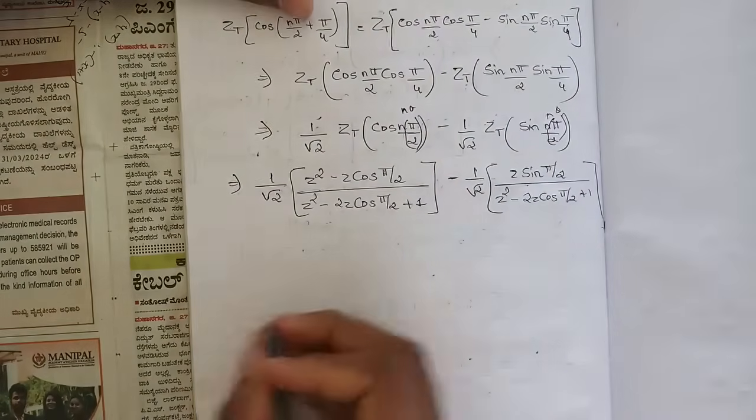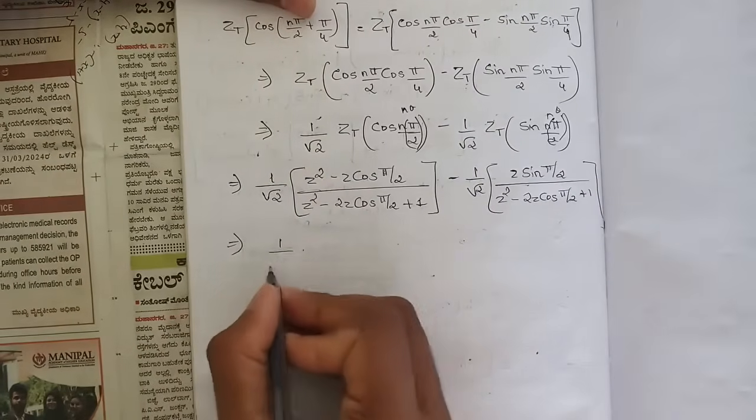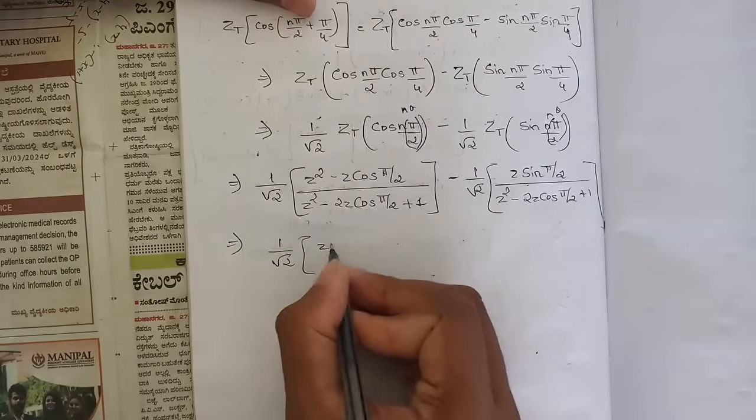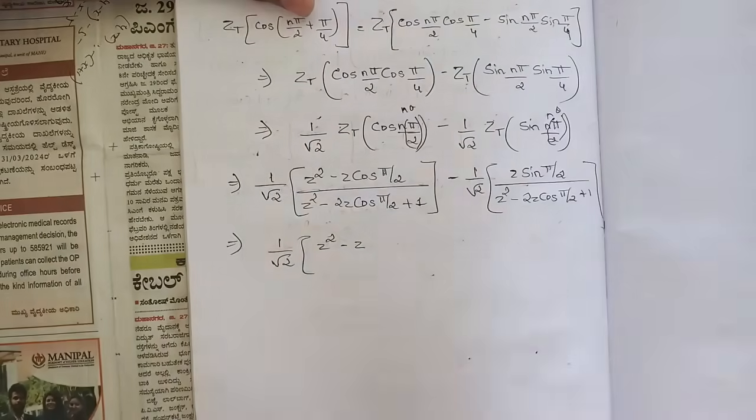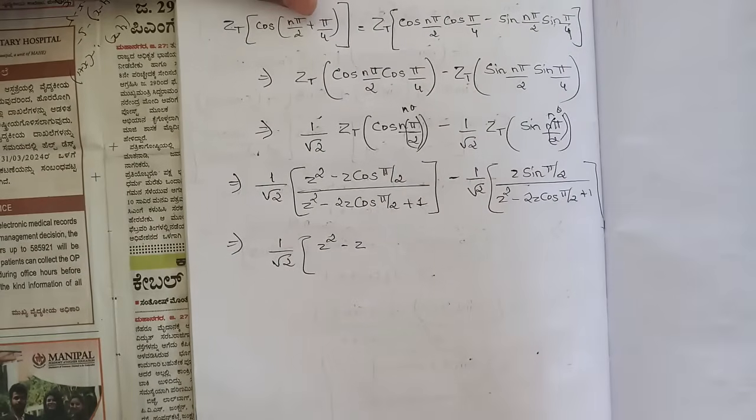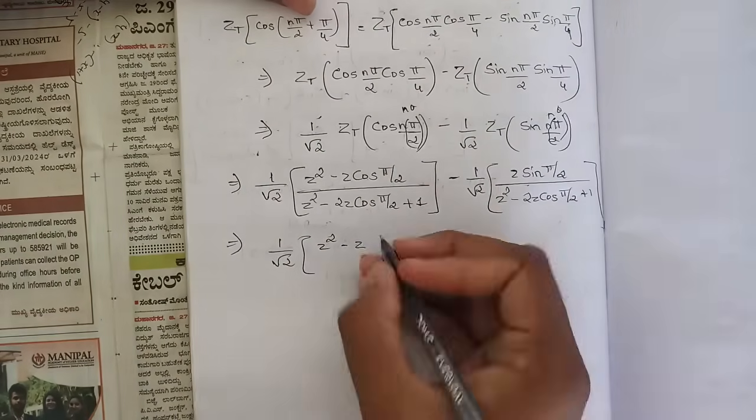Okay, now let's further solve this. Z square minus z into cos pi by 2. What is the value of cos pi by 2? Cos 90 degree, right? Cos 90 degree is 0, right?